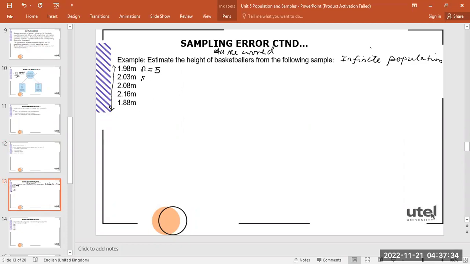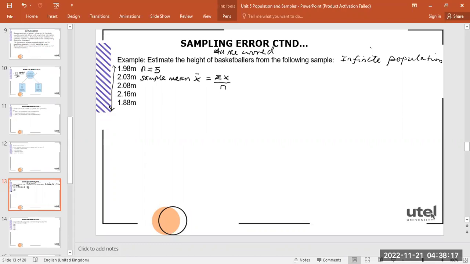So for us to get our sample mean, which is represented by x bar, we can get it from this formula, which we already knew in our third lecture when we talked about measures of central tendency. So it's the sum of x divided by n.